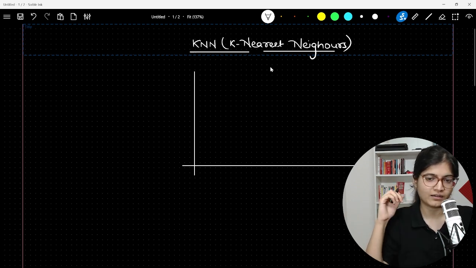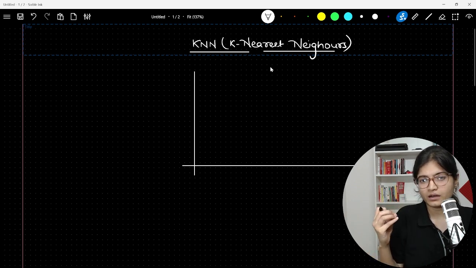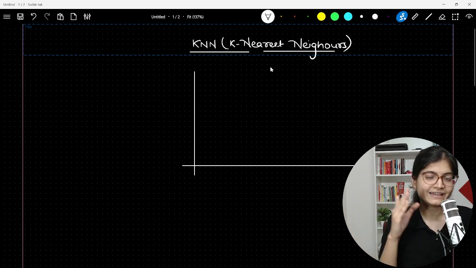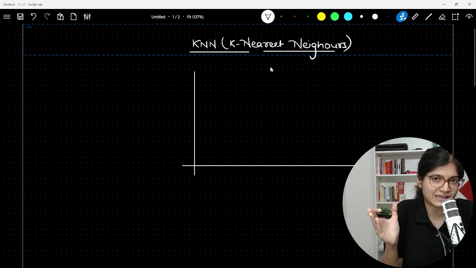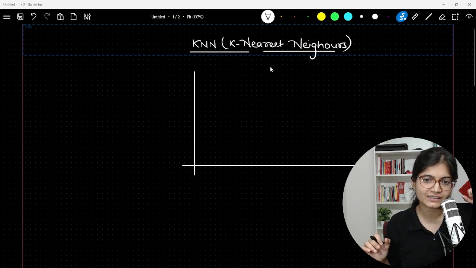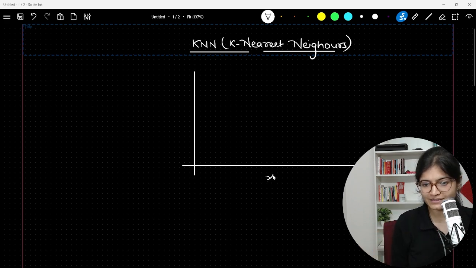I can't make 3D, 4D, 5D, 7D, 8D. When I say 8D or 7D, it means the number of features is that many. So as of now, let's assume we have only 2 features, which are responsible for predicting whether the patient is diabetic or not. So X and Y axes are there. That's the only 2-dimensional data that we have.